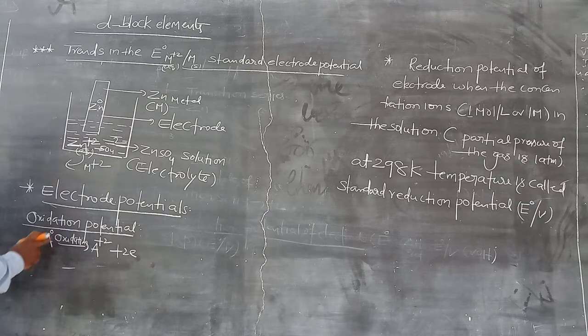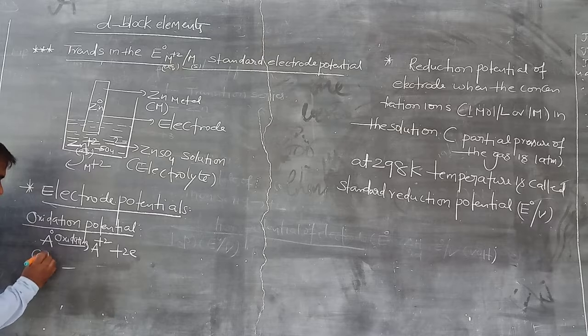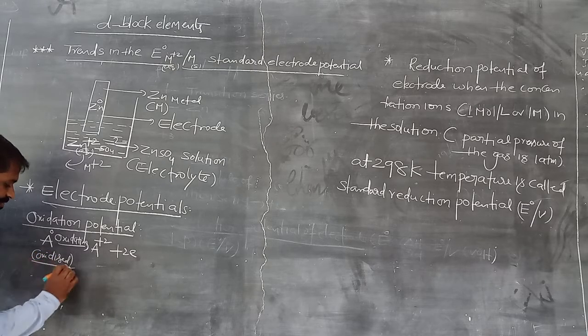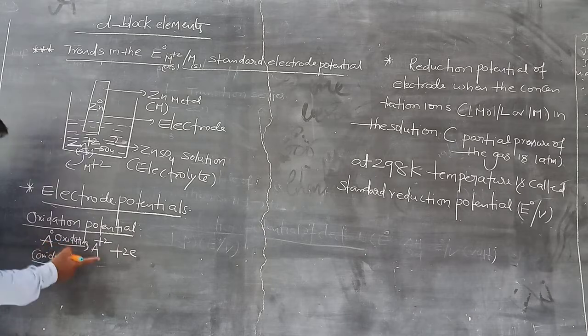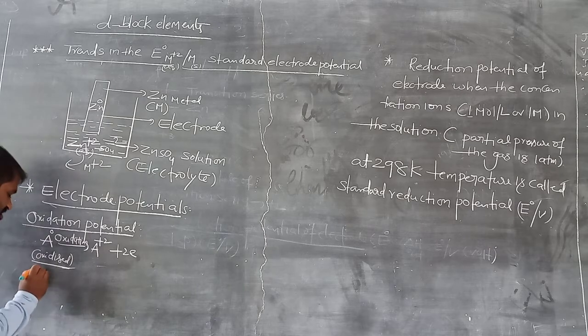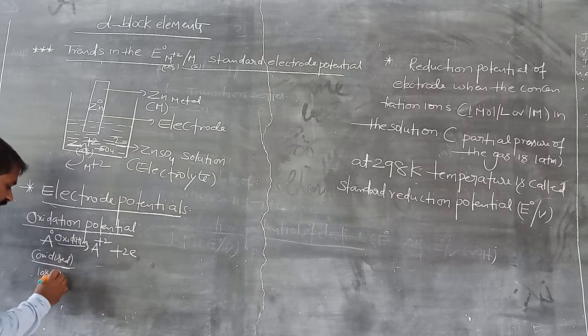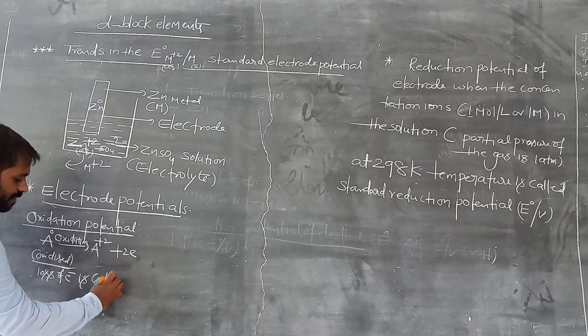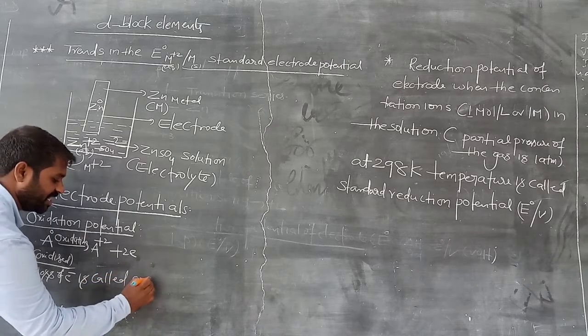It loses electrons, so A is oxidized. This phenomenon is called oxidation, loss of electrons.